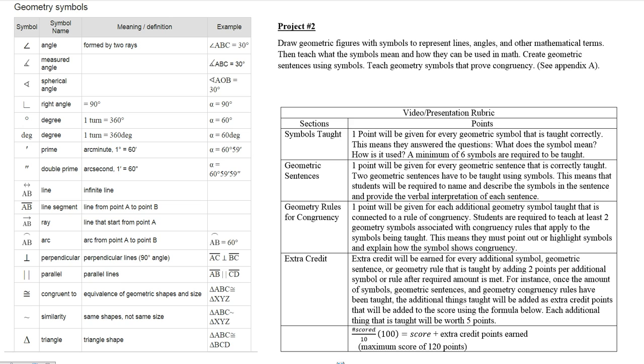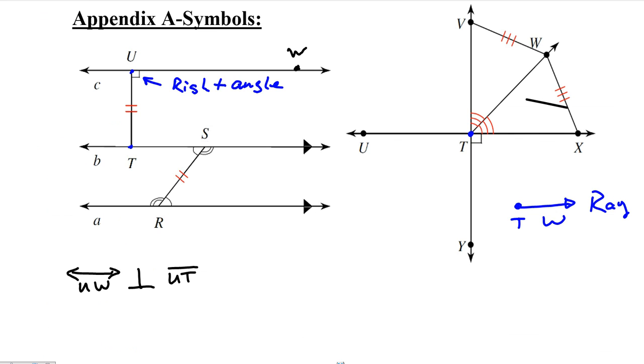And so you get to create a sentence such as I did here and teach the different symbols, but you also need to have a picture of some kind that you're teaching symbols from. And so remember, you have to have 6 symbols that are taught.